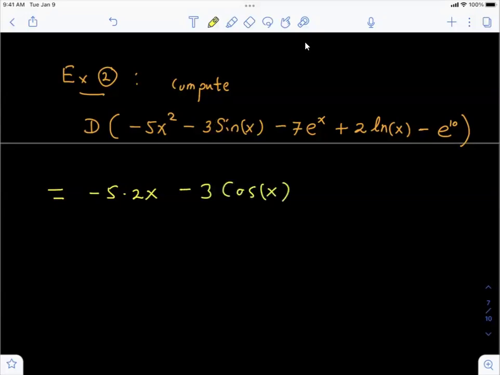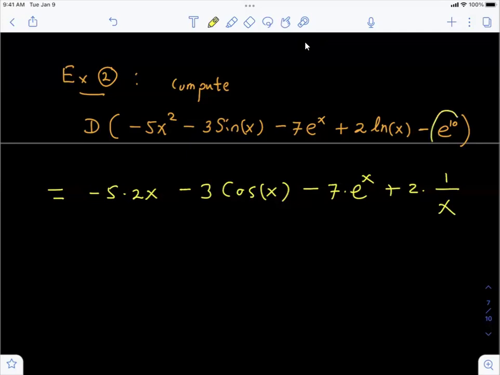I'll write it right away. Minus 7 times e to the x. The derivative of e to the x is e to the x itself. So minus 7 e to the x, plus 2 times ln x. So 2 is a constant, and the derivative of ln x is 1 over x. Can you see I am not just doing this computation sequentially, I am just writing down the answer right away.